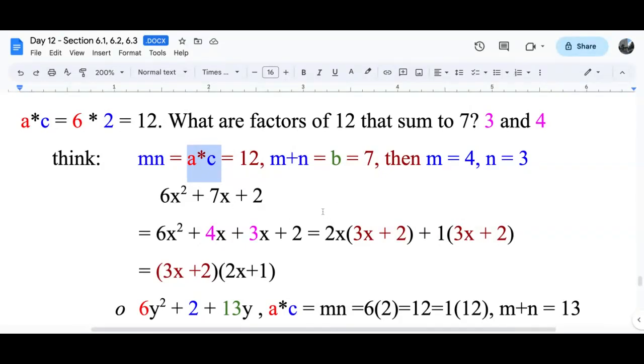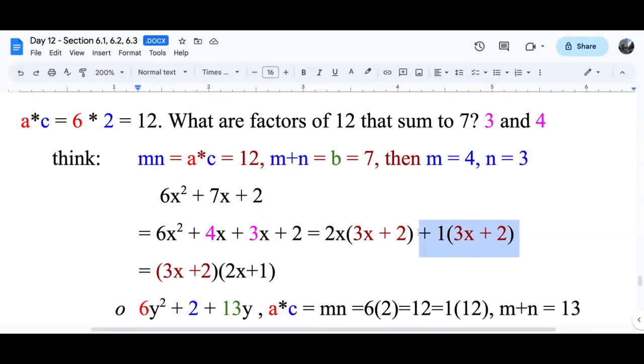Another thing we can do is group them. We split 7x into 4x plus 3x. Then we take the first two as a group, second two as a group. We factor them, put them in the factor form. 6x squared plus 4x, we get 2x times 3x plus 2. Then we see this one just 3x plus 2, right?